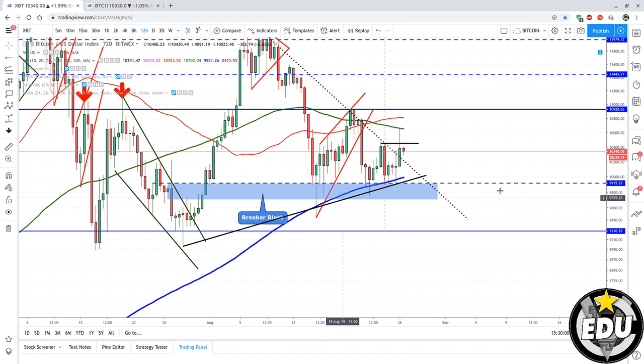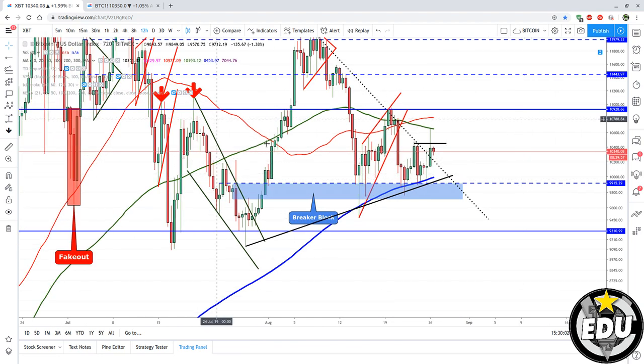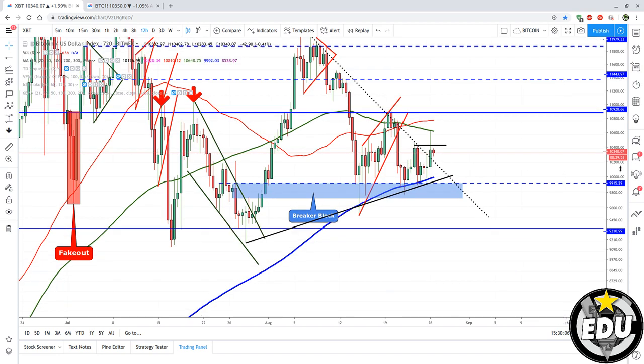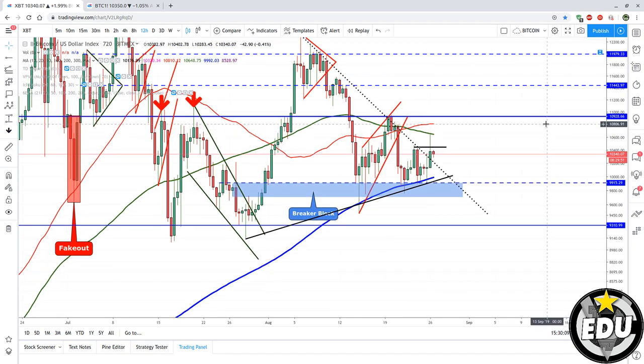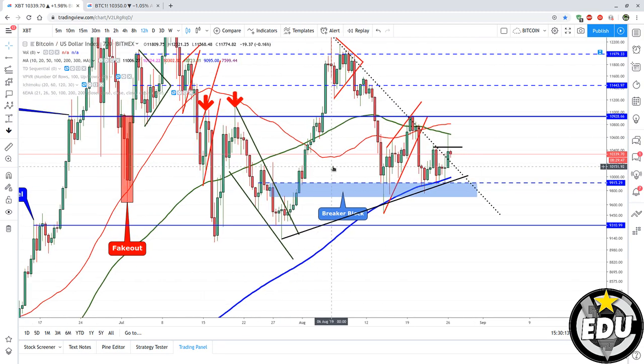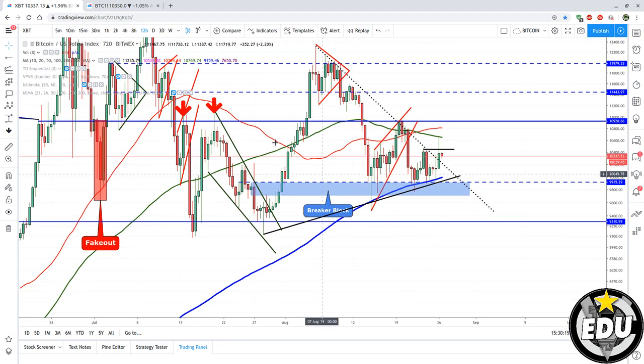We also have a bullish cross of the 150, but it's inside the correction, so I don't count those crosses as important as when they cross for the first time.